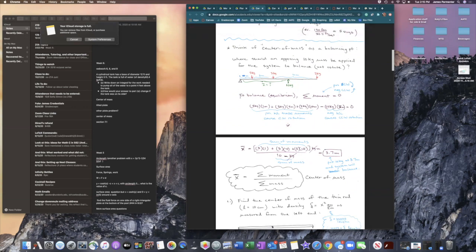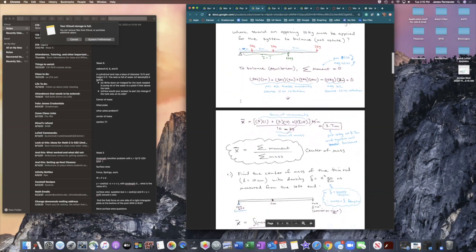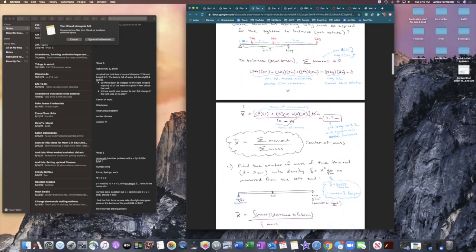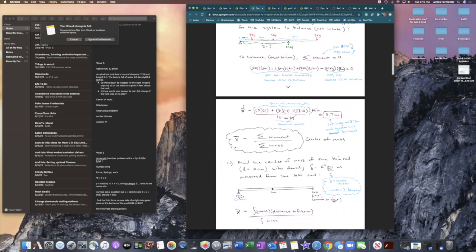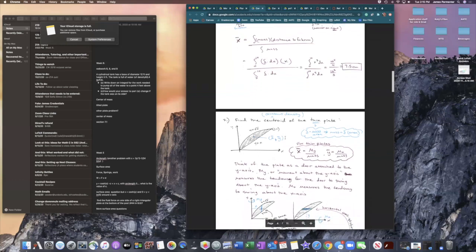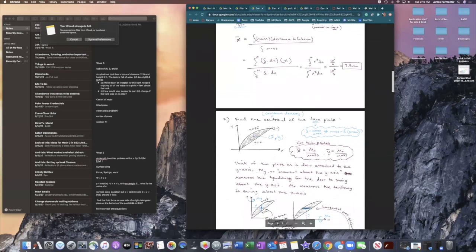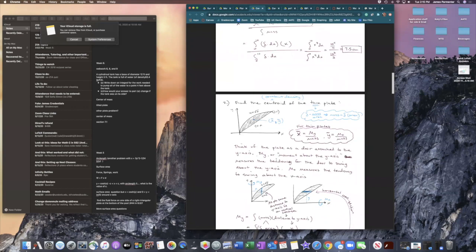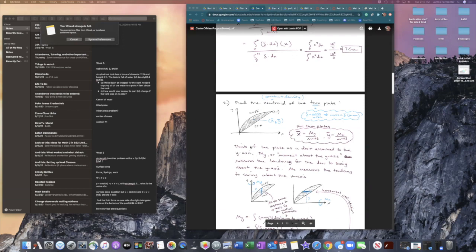That said, sorry, my interpretation is not always excellent. We're talking about balancing. Basically, the moment on one side balancing out the moment on the other side. And the only thing I really wanted to get to in these notes was that when we're trying to find the center of mass, or the centroid of the thin plate, the idea I want you to think of is that when you're trying to find the moment around either the y or the x-axis, you're thinking about the tendency of this object to swing around the axis.